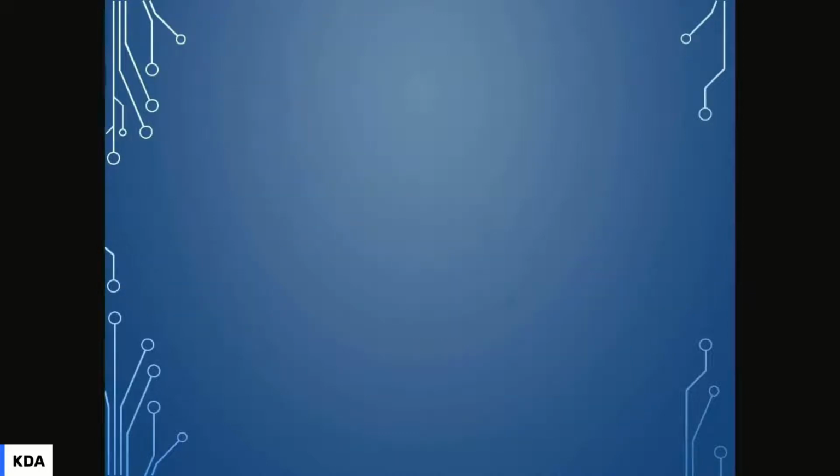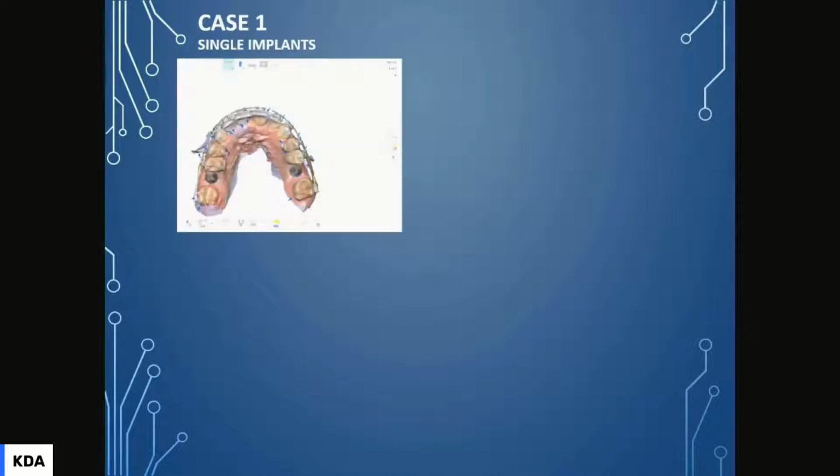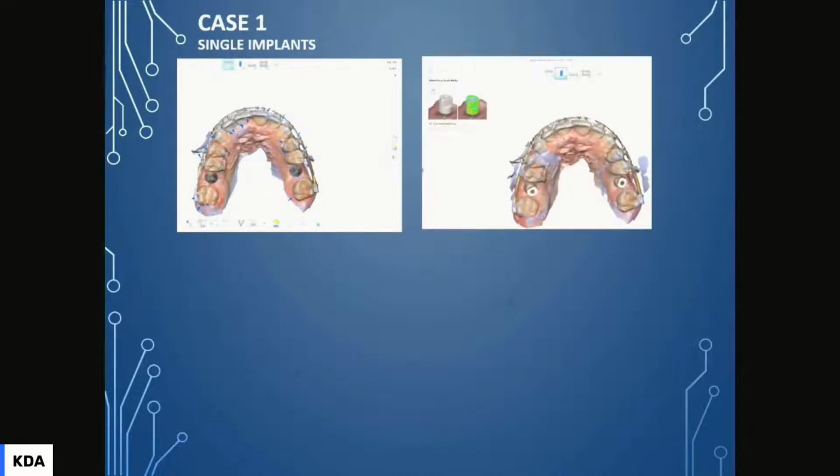So, first case, nice one, very simple. The patient had just finished ortho. The orthodontist did not want me to remove her braces. She said, can you do it? I said, yeah, let's do it. Let's crack on. So we placed our intraoral scanner.